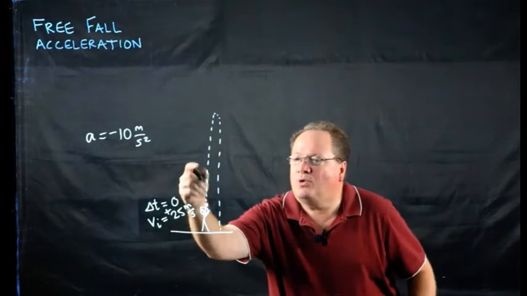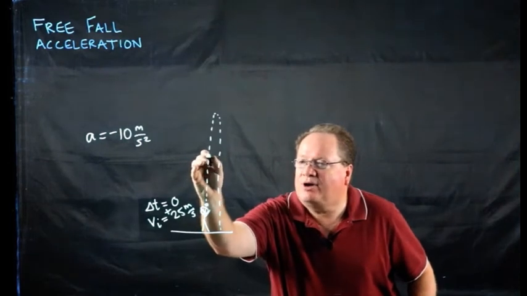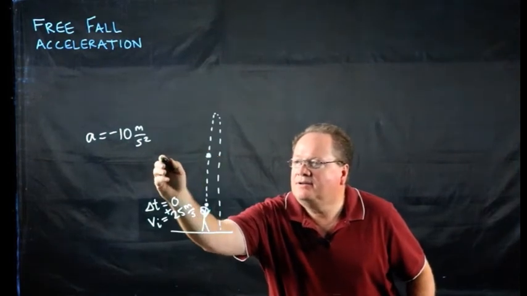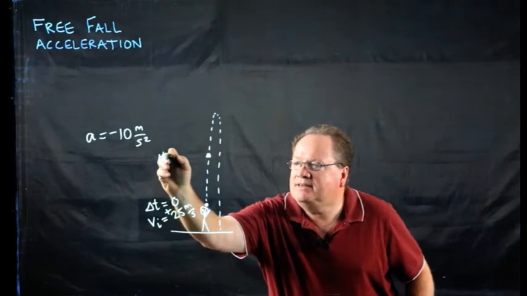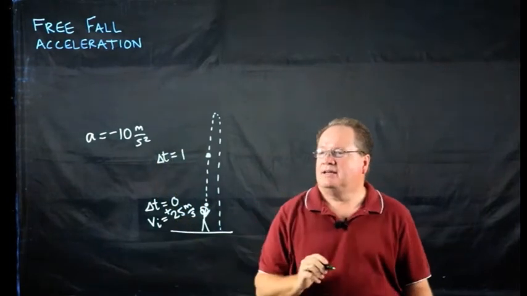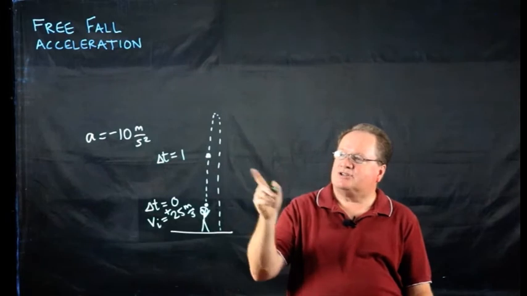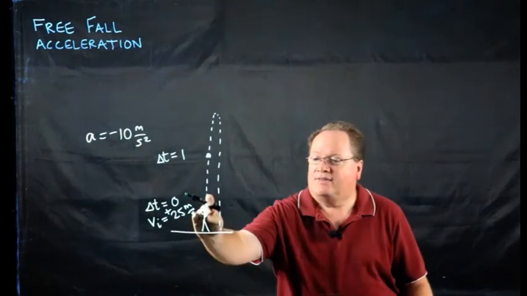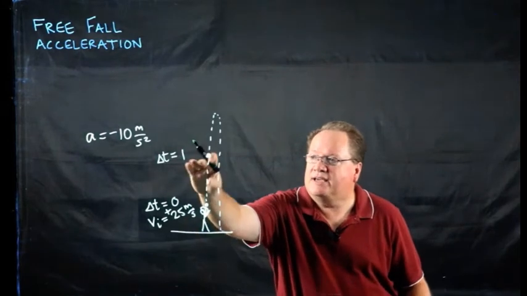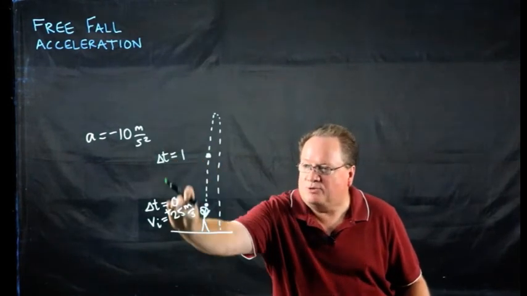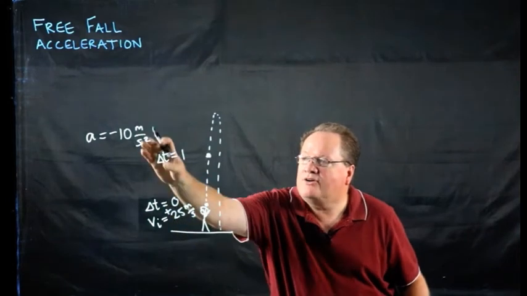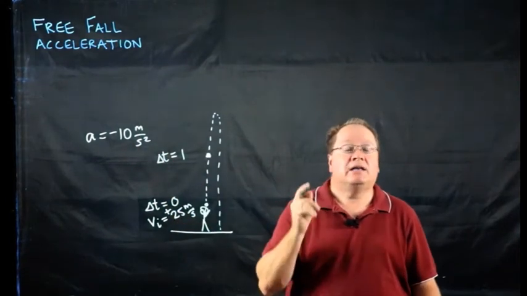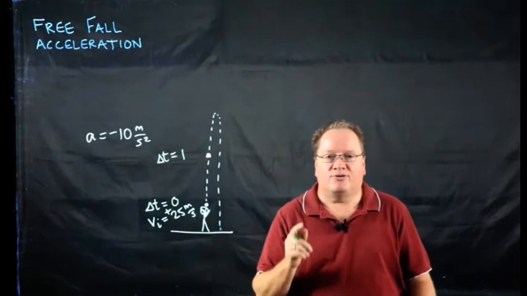So after 1 second, let's just say that the ball is right here. So delta t equals 1. If our speed is changing by negative 10 meters for each second, then between this location and this location, our speed must have changed by negative 10 meters per second.